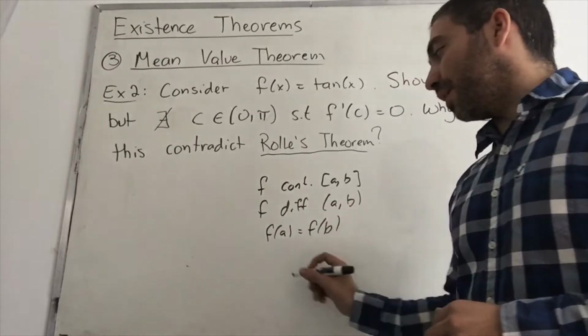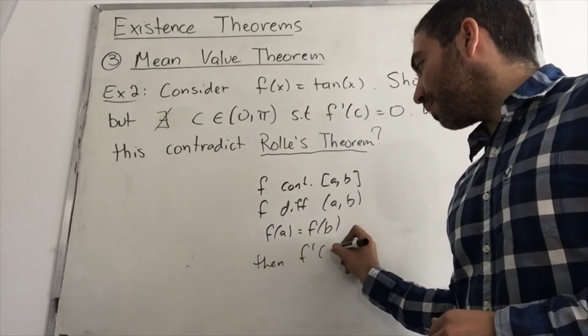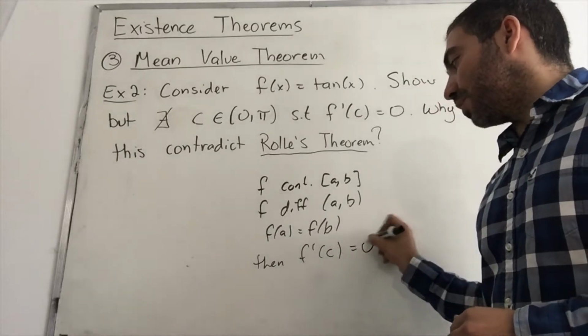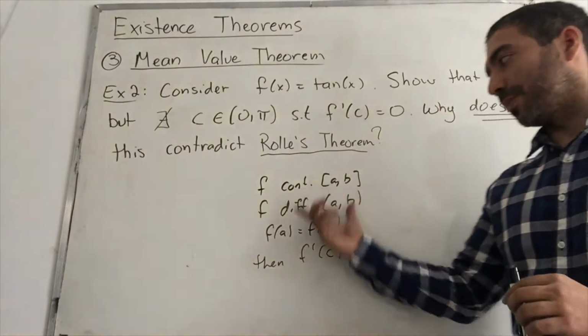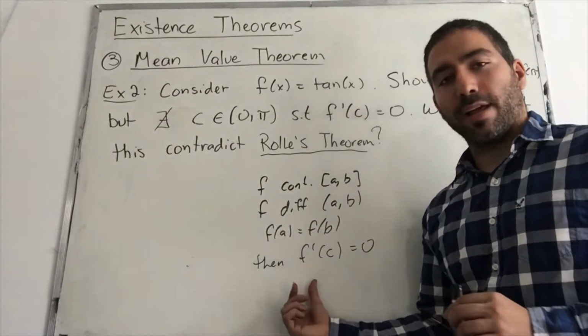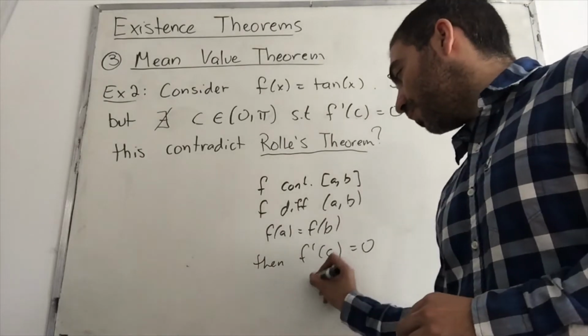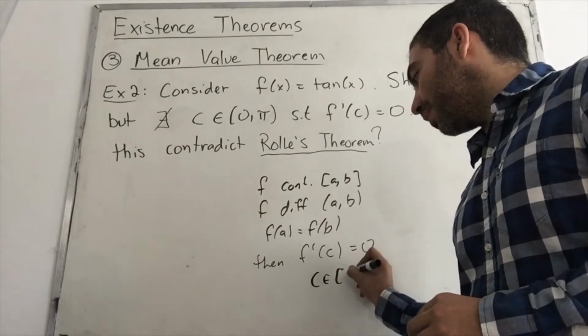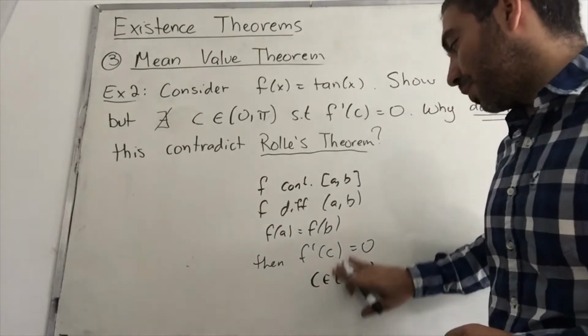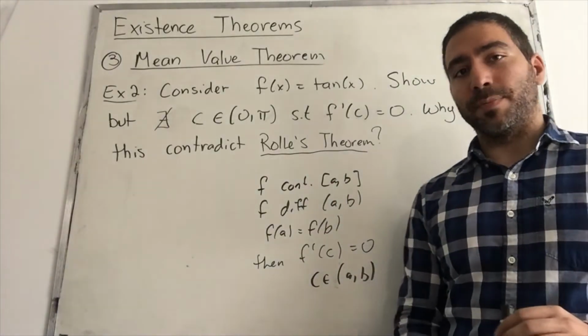If we have all these three things, then we have f prime of c is equal to 0. This is what Rolle's theorem essentially tells us. Continuity, differentiability, f of a equals f of b, then there's a point in between a and b. Then this is true for c in the open interval a, b.